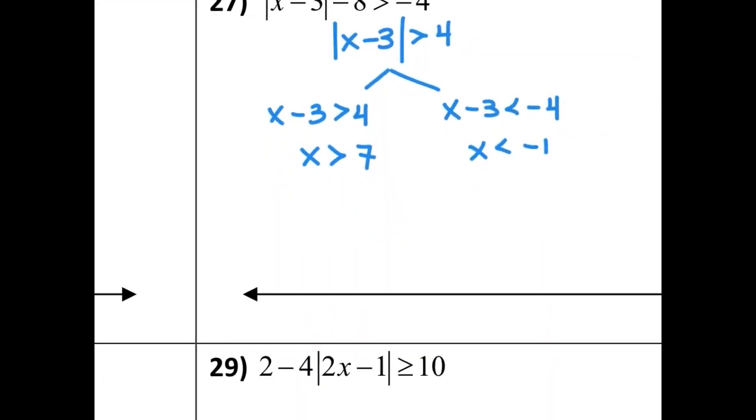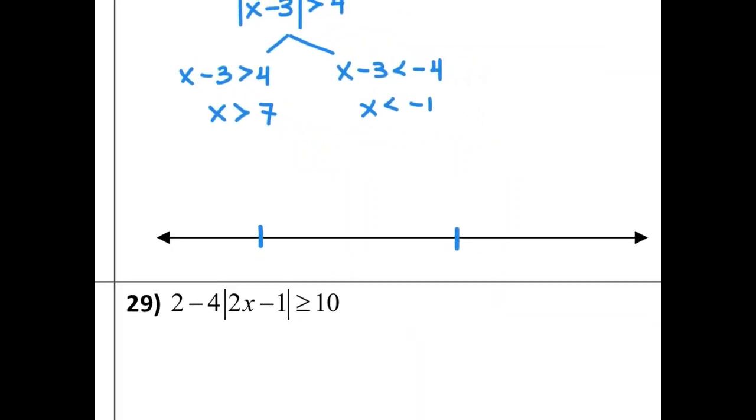So again, when you're graphing these on a number line, you want to keep in mind which one is bigger and which one is less. So the negative 1 is less, so it goes on the left, and the positive 7 is greater, so it goes on the right. Both are strictly less than or greater than, so it's going to be two open circles.